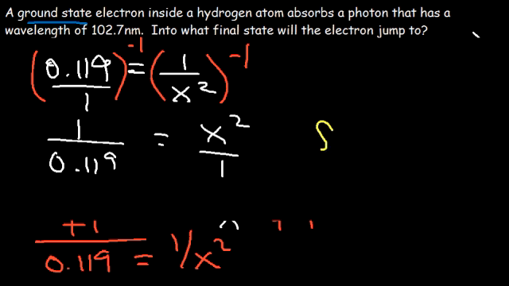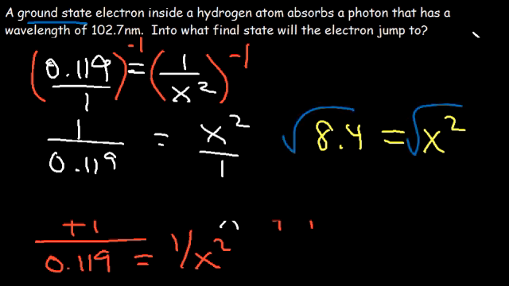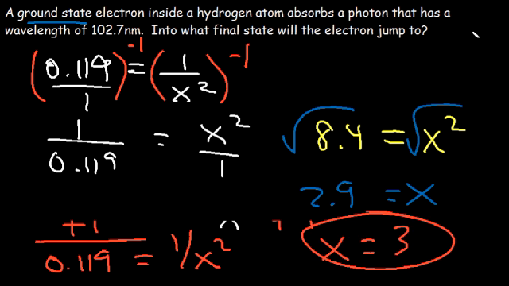That's going to be about 8.4. So if we take the square root of both sides, the square root of 8.4 is about 2.9. So we can round 2.9 and say it's 3. So this is approximately 3.